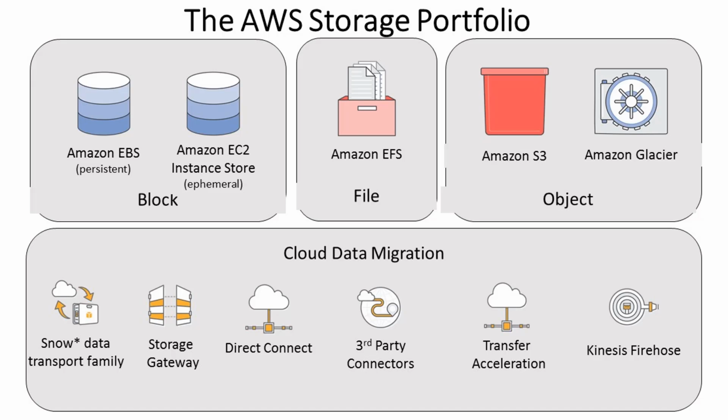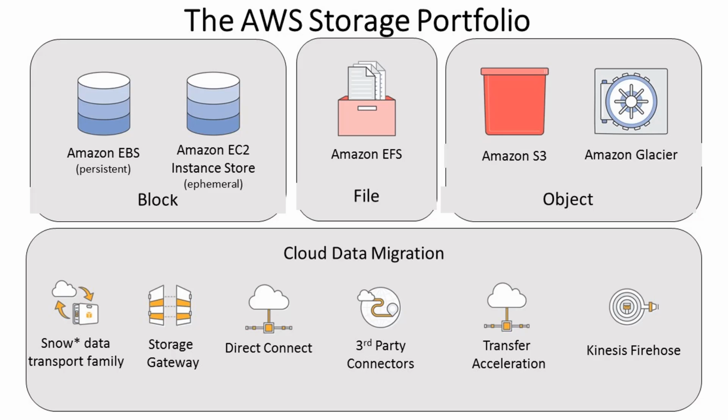Secondly, we offer Amazon EFS, Elastic File System, our managed NAS offering, especially for workloads that require dozens or hundreds or even thousands of EC2 instances to access that data simultaneously. Then finally, when you think about the scalable, really talking about millions or billions of objects, we have Amazon S3 and then Amazon Glacier. That's where we're going to primarily focus on in today's session, and that's our massively scalable object store. So those are three legs of the stool.